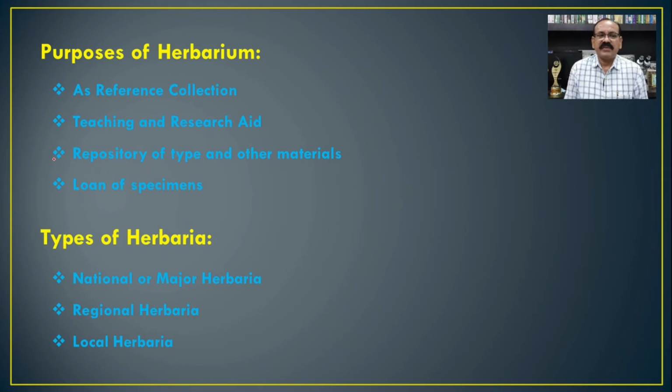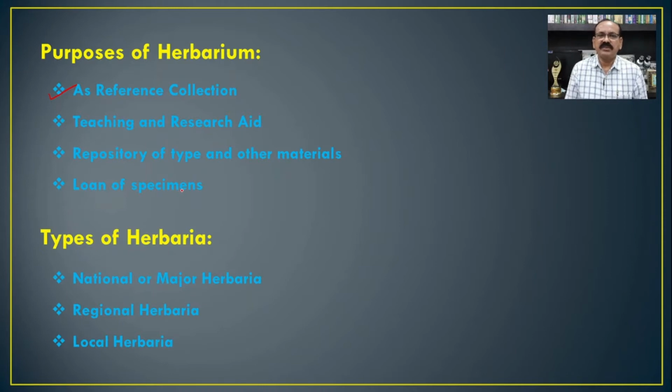Then what are the different purposes of the herbarium? Why the herbariums are prepared? So first one, that is as a reference collection. Usually anyone who is engaged in the research in angiosperm taxonomy need certain references for the verification of the identified plants. Usually we are using the floras which are published at the national, international and the local levels also.